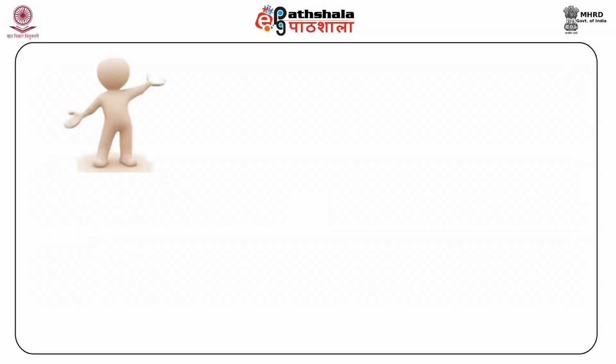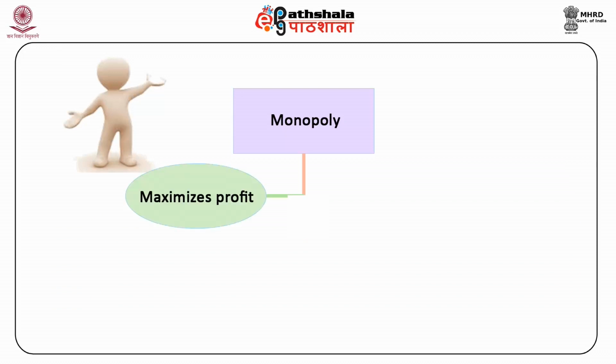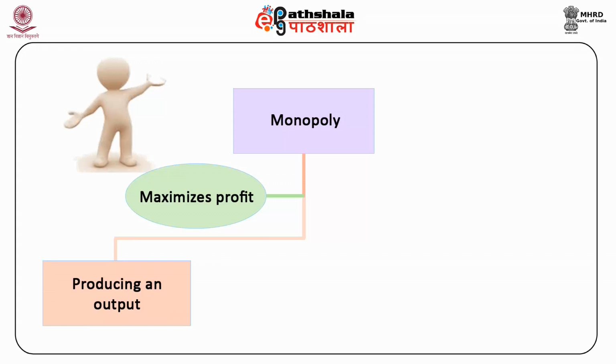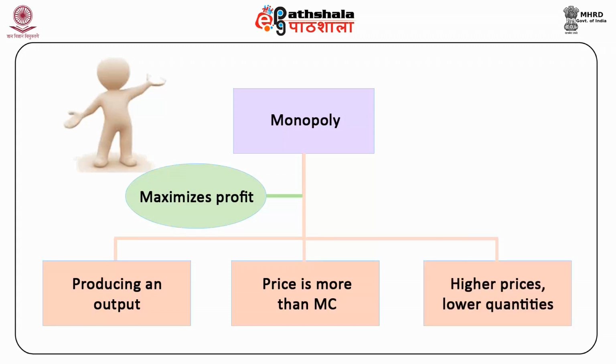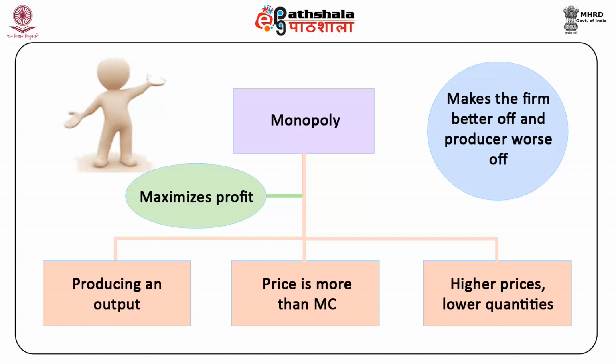But the situation is entirely different under monopoly, which maximizes its profit by producing an output where price is more than marginal cost. This results in higher prices and lower quantities and makes the firm better off and the consumer worse off.